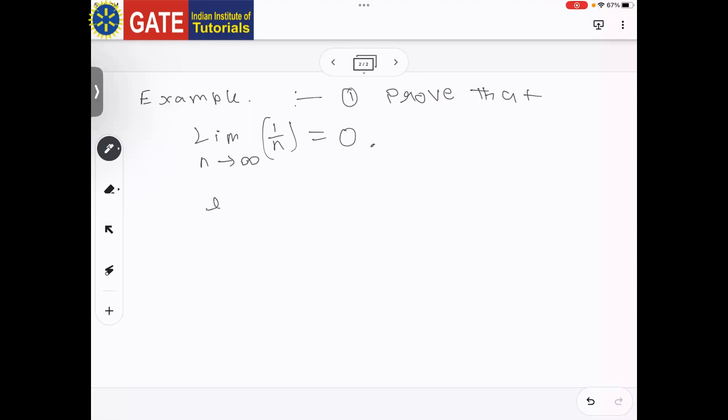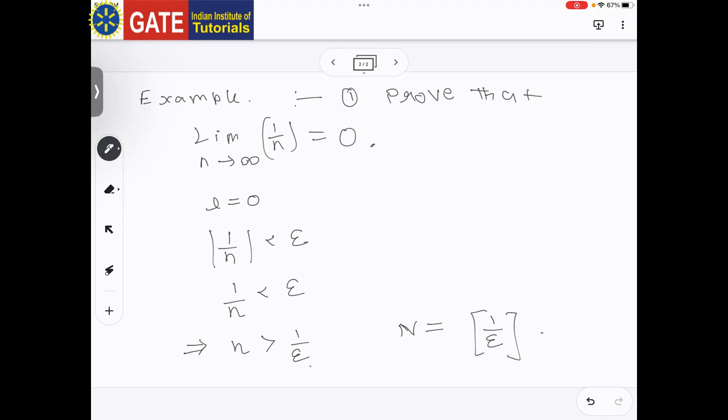So our L, we have to show that it is 0. So |1 by n| is lesser than epsilon. Then 1 by n is positive, so this is lesser than epsilon. So n has to be greater than 1 by epsilon. So you choose your capital N to be the greatest integer of 1 by epsilon.